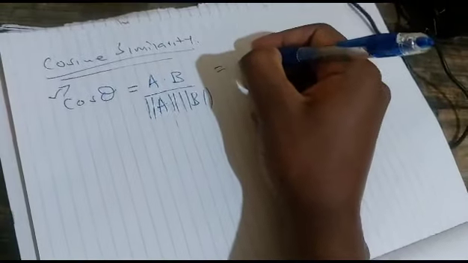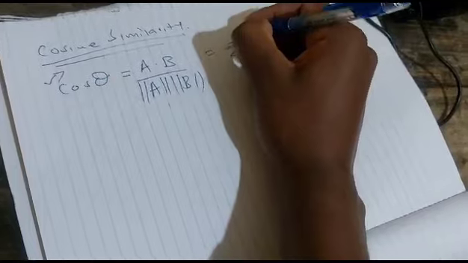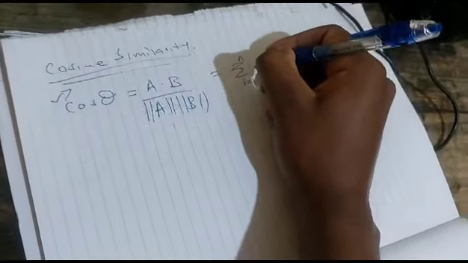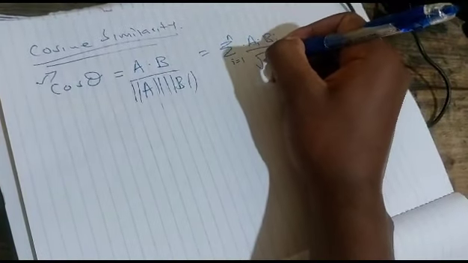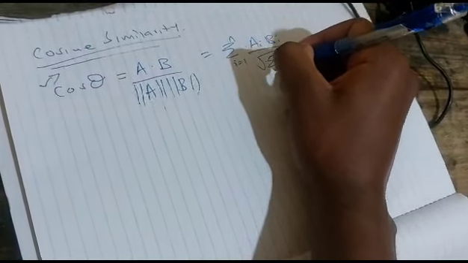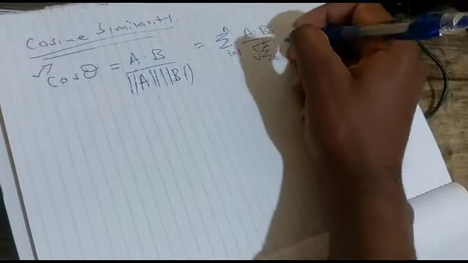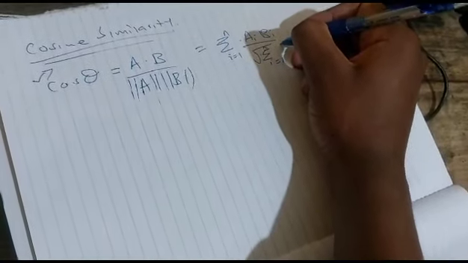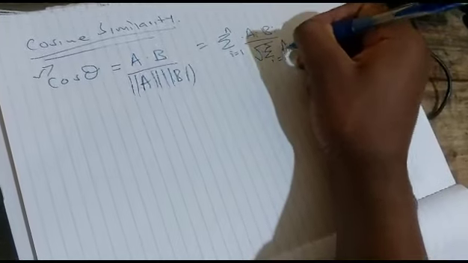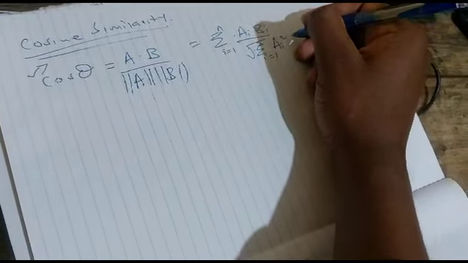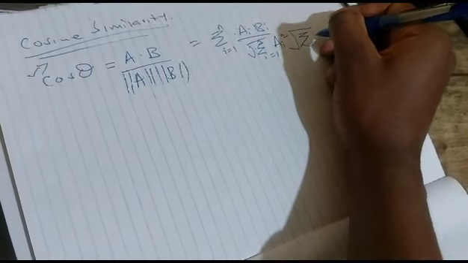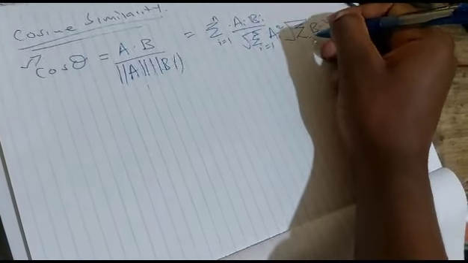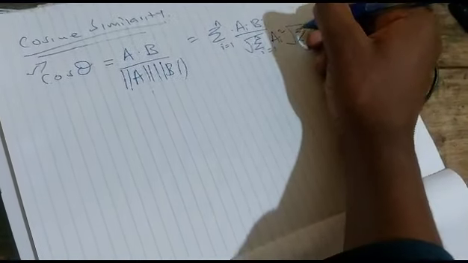We can also write it like this, but this is not so necessary: the square root of the summation from i equals 1 to n of a_i squared, multiplied by the same for b, squared, with the summation from i equals 1 to n.